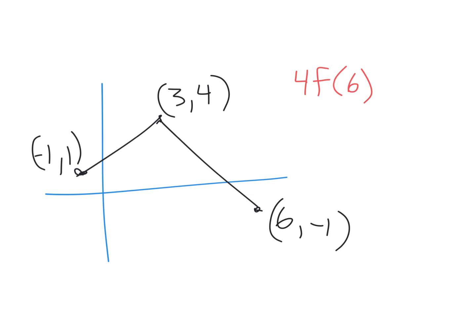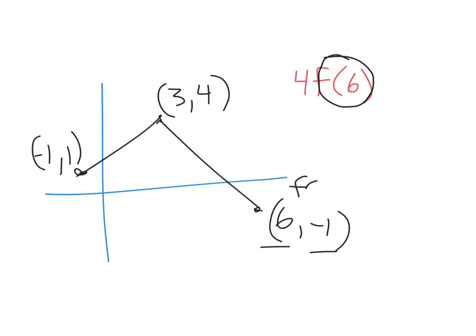One thing at a time. f of 6. What's f of 6? -1. Negative 1. f of 6 is -1.